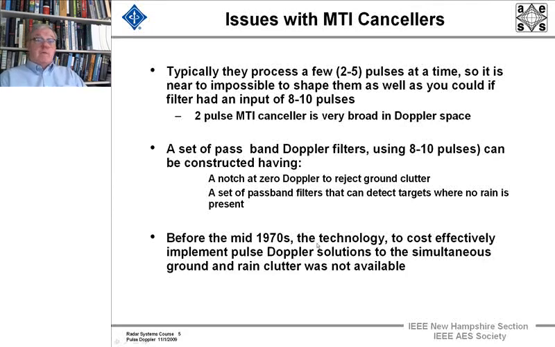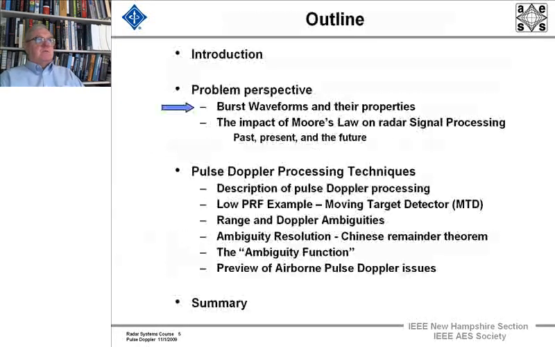It was a small fraction of the cost of the radar to solve a big radar problem for the air traffic control people. But now it's peanuts. Effectively, the cost of the processor is such a small fraction of the cost of the entire radar that you shouldn't think about it, and you should process as many pulses as possible to get the Doppler filters down nice and low and have good characteristics to the Doppler passbands.